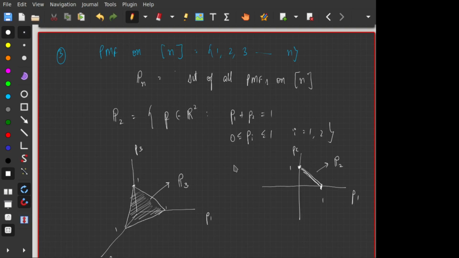So which half spaces? Along every pair of axes, we take the half space... Okay, all pairs of axes. Just by looking at this definition over here, can you tell?